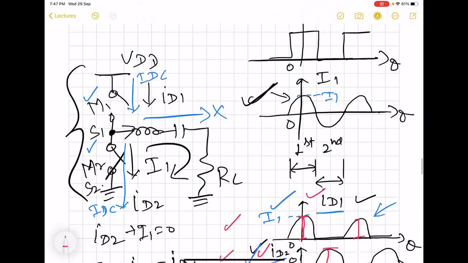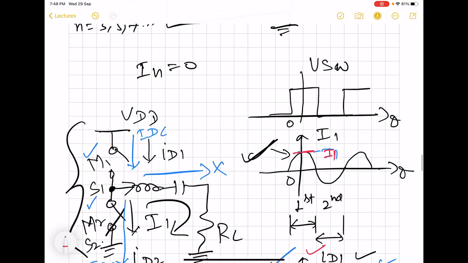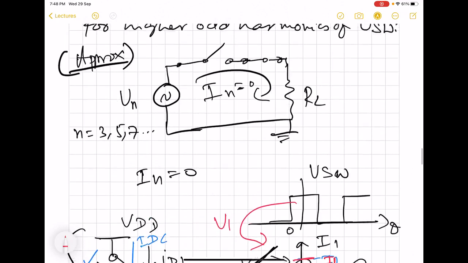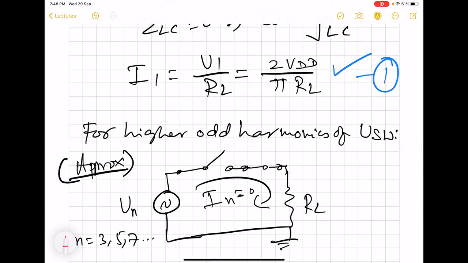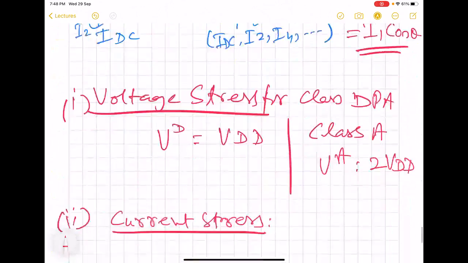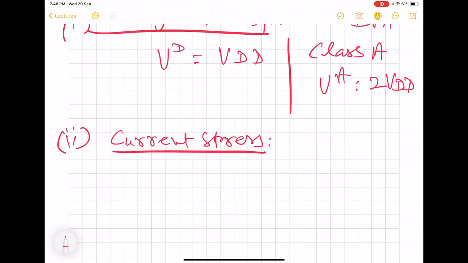This peak value is actually equal to I1, and this I1 arises because of the fundamental voltage of V switch 1. This part we have already calculated here. So this is the maximum current that each transistor has to tolerate: 2 by pi VDD by RL.